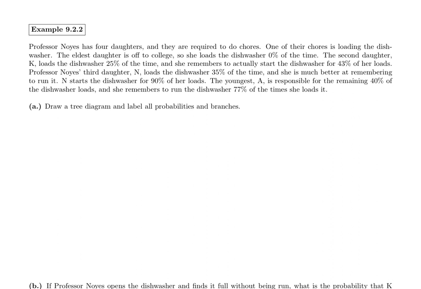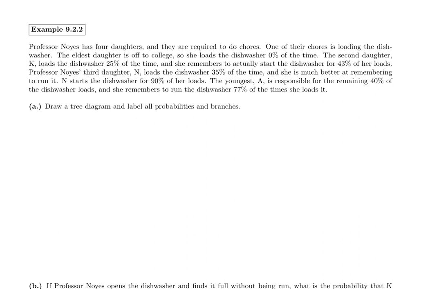So let's see what they're talking about here. I said that Professor Noyes has four daughters and they are required to do chores. One of their chores is loading the dishwasher. The eldest daughter is off to college, so she loads the dishwasher 0% of the time. The second daughter, K, loads the dishwasher 25% of the time, and she remembers to actually start the dishwasher for 43% of her loads.